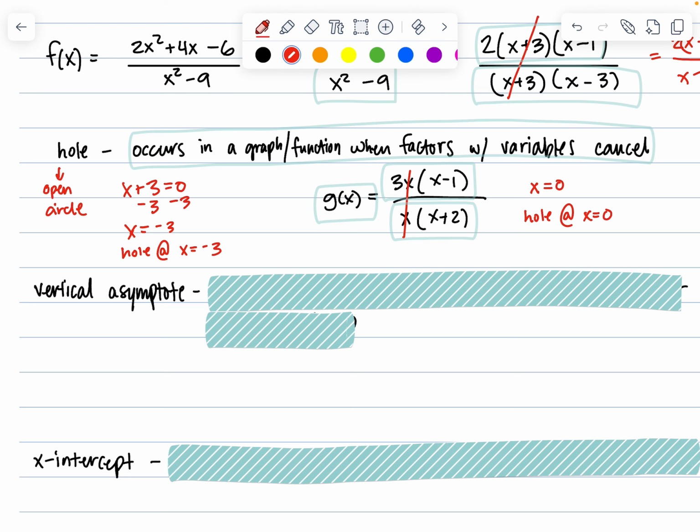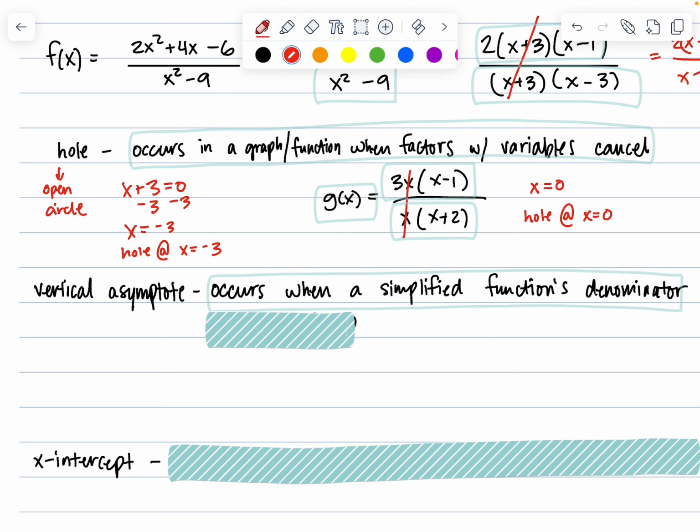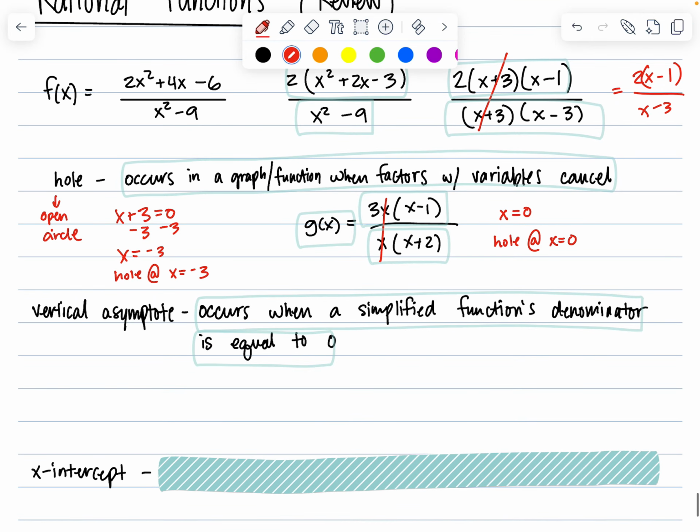Now, going back to our lesson. Vertical asymptotes occur when a simplified function's denominator is equal to 0. So we already simplified it here in red. Let's say f of x's denominator, the simplified version of it, is now x minus 3. And we set that equal to 0.